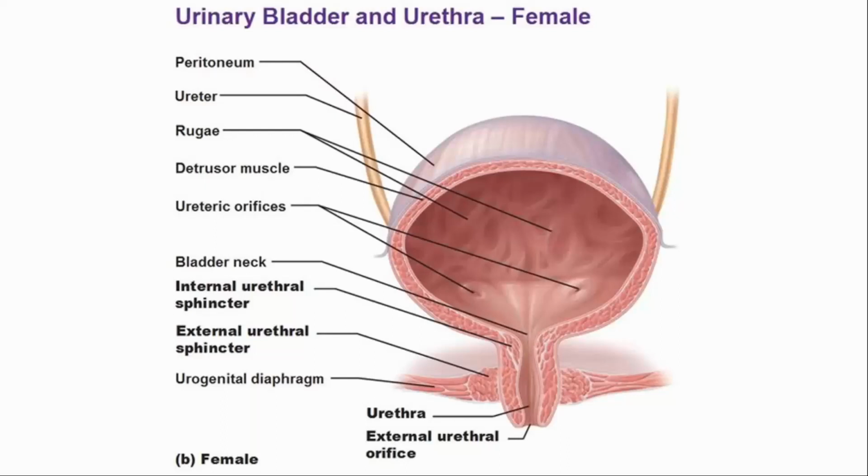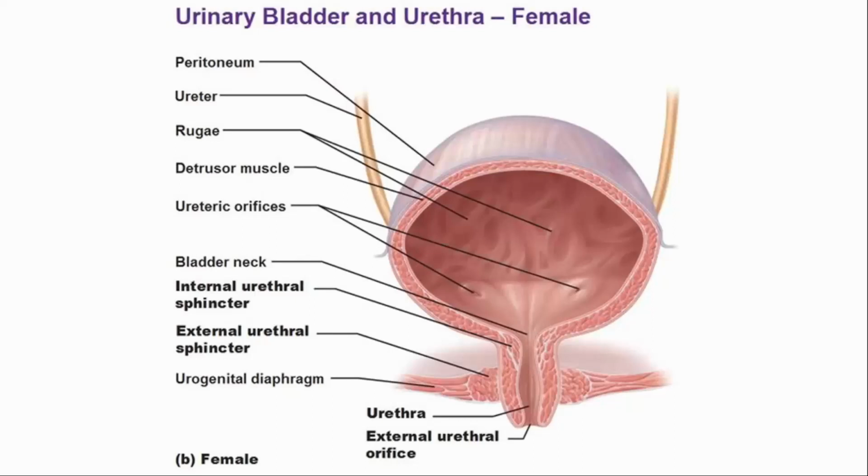Externally, is it covered by the peritoneum? The answer is yes, it is covered by peritoneum. What is the epithelium of the urinary bladder? Of course, it must be transitional, waterproof. Is the inner surface uniform?